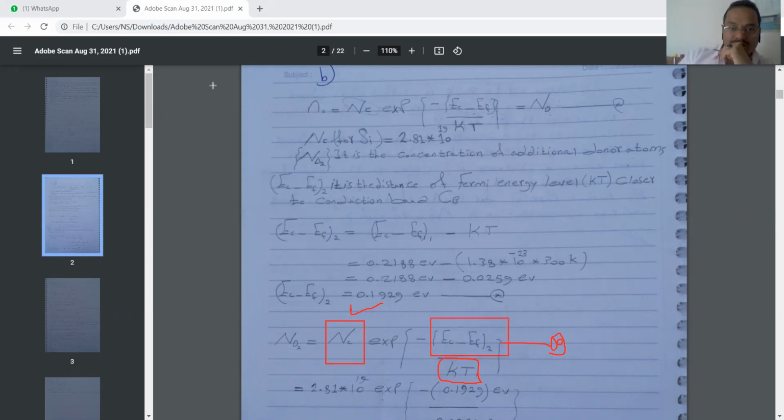We can calculate this new bracket by using this relation: bracket number 2, the difference between the Fermi energy level and the conduction level 2, equals EC minus EF1 minus kT.